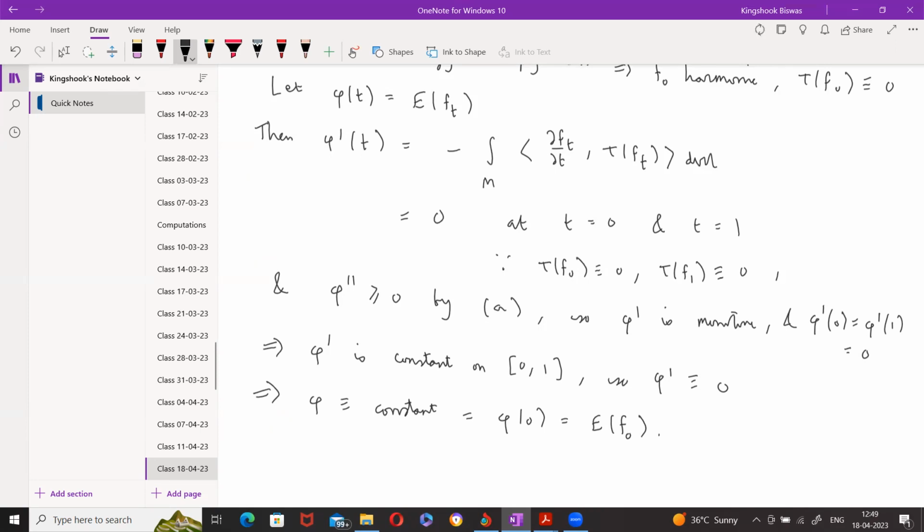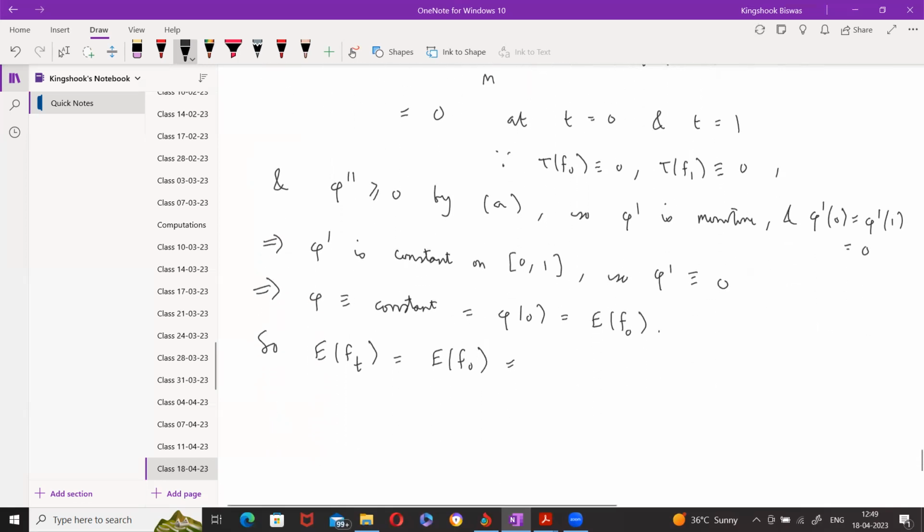And so the energy of Ft is equal to the energy of F0, which is equal to the minimum over U homotopic to F0, U is C2, of the energy of U. The point is that the homotopy class of F0 is the same as the homotopy class of Ft, because F0 and Ft are obviously homotopic.